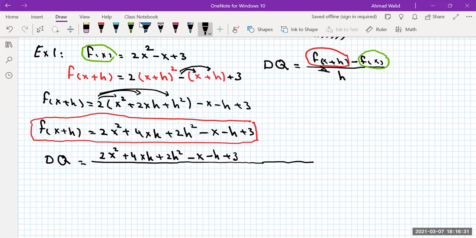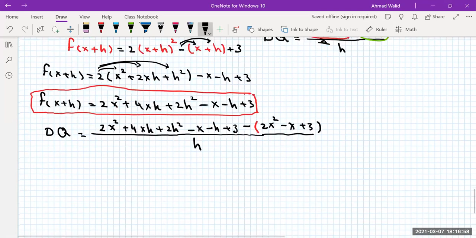Then you are done with f of x plus h. What is the sign in the formula? Minus. Be careful, minus. You have to open a parenthesis because you have a minus. F of x. What is your f of x? Look at this green. This is your f of x, right? 2x squared minus x plus 3 over h. Simplify. That's it.